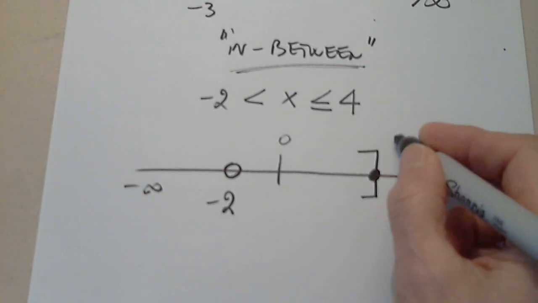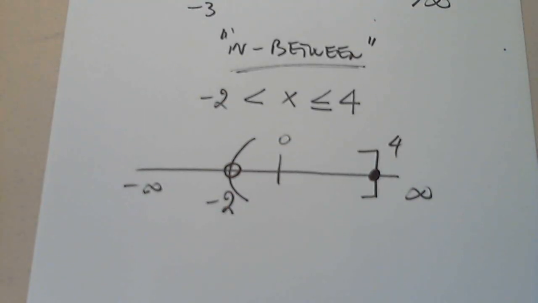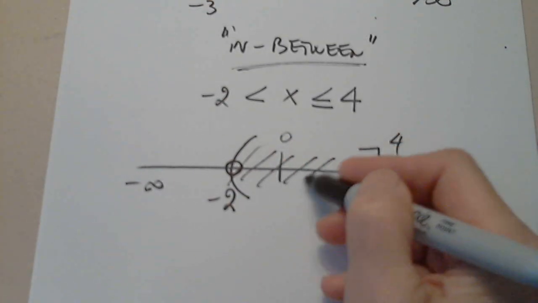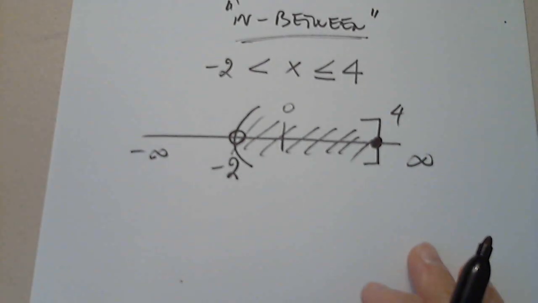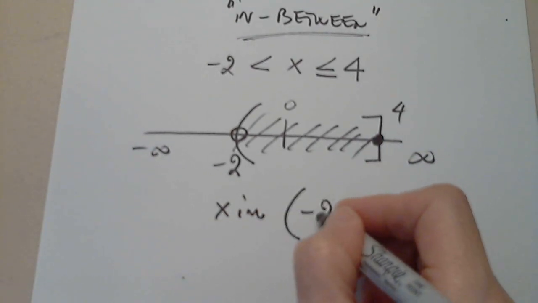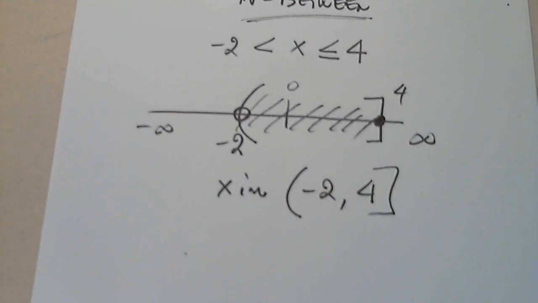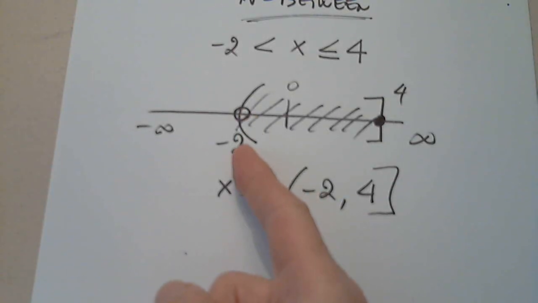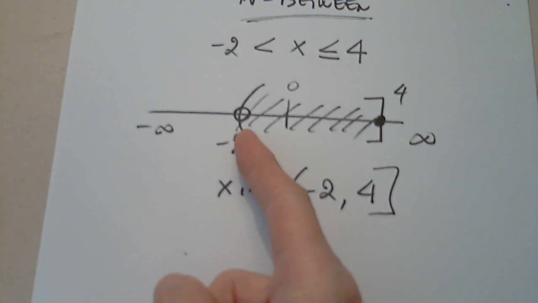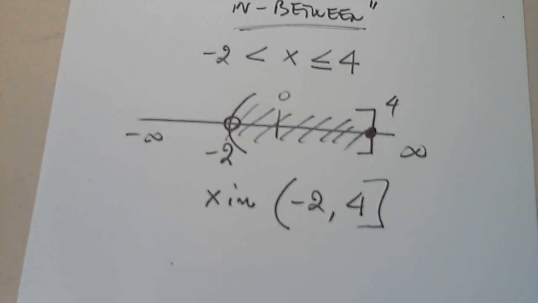So 4 means a bracket, and negative 2 means parentheses. I will say x in the interval, negative 2 with parentheses, comma 4, bracket. This means x is any number, not negative 2, but negative 1.999999 and to the right, up to and including 4.